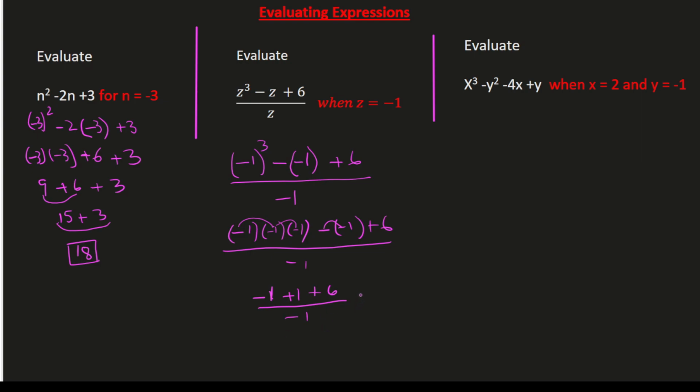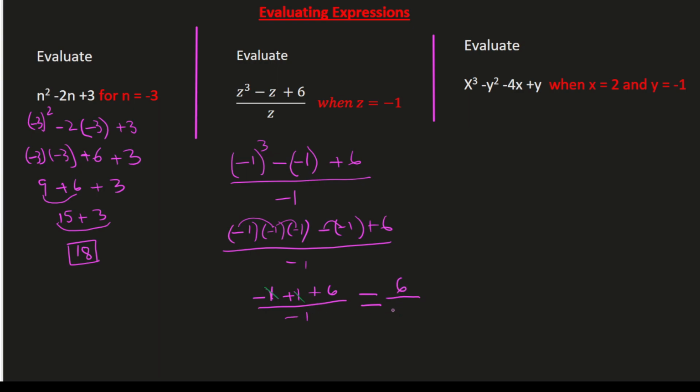So this is equal to negative 1 plus 1, that's 0. So this gets cancelled out. Negative 1 plus 1 cancels out, that's 0, and we are left with 6.